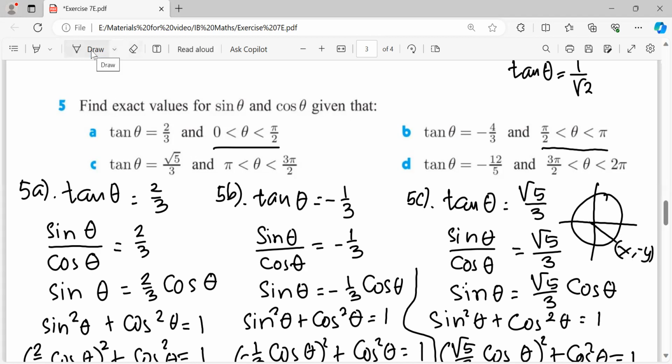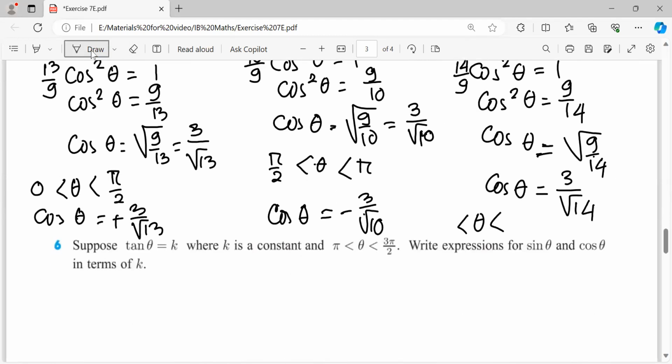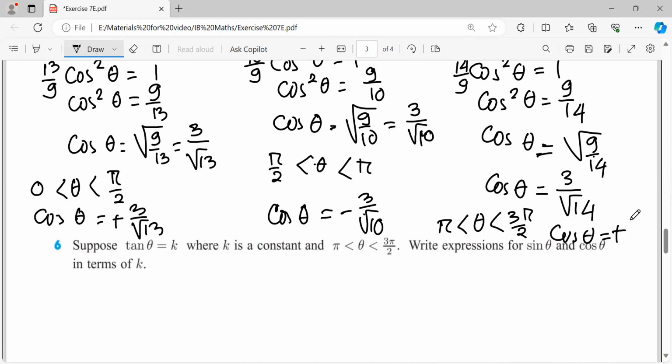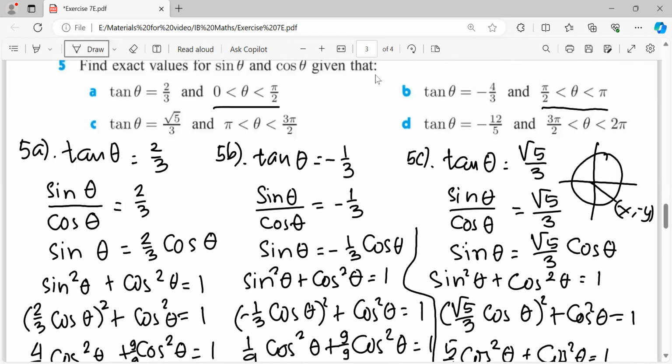Okay, quadrant 3 from pi to 3 pi over 2 means cosine theta is negative, negative 3 over square root 14. Yeah, 5c.